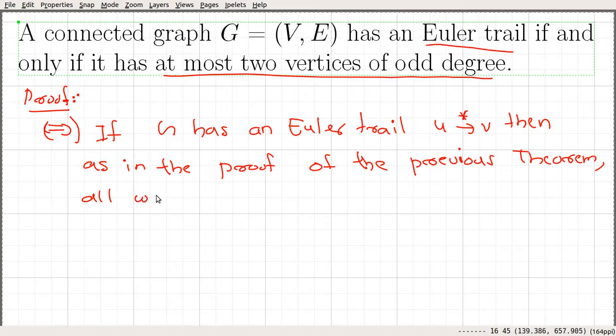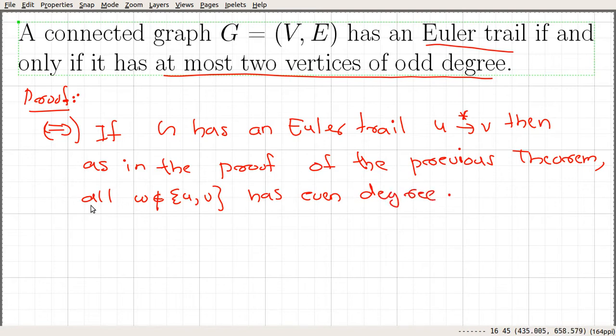All vertices of G which are not equal to these two have even degree.